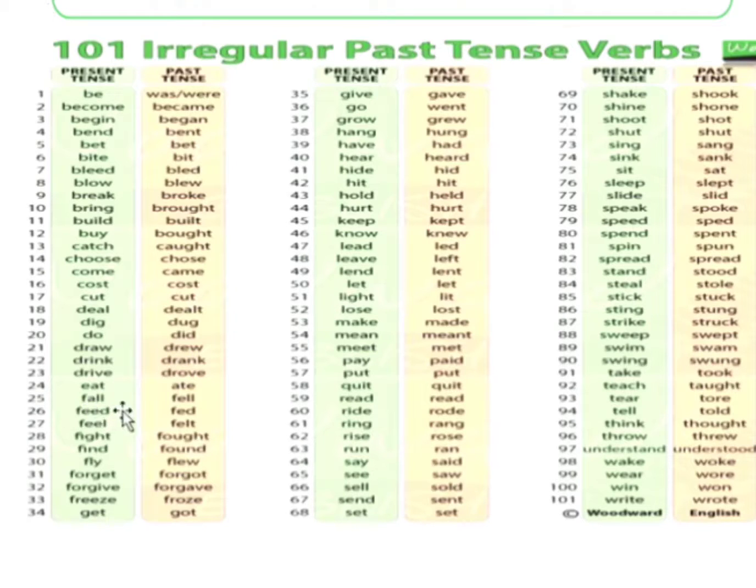When you say eat, it changes to ate. When you say know, it changes to knew. Say changes to said. Tell changes to told. Okay, so these are the most common verbs in the English language.